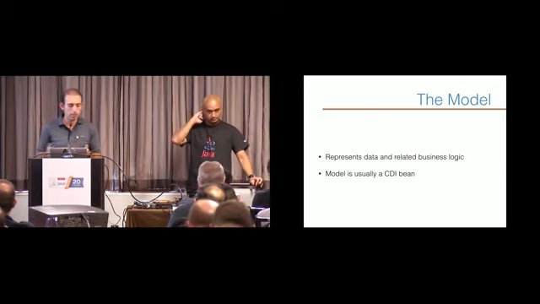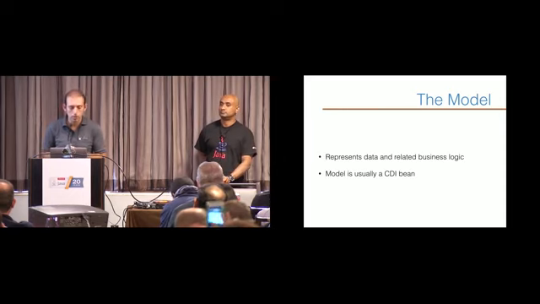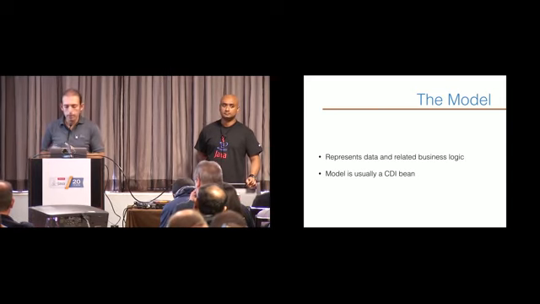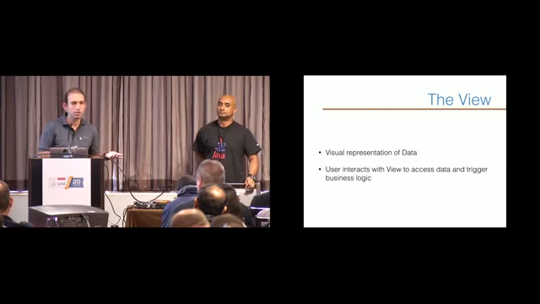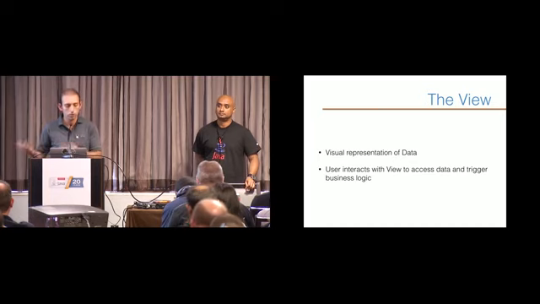So what's the model? The model is the part which represents the data and the related business logic. Usually the model in Java EE is the CDI bean. Next, it's the view. The view is the visualization part of the data, which filters some fields and just visualizes the data to the user.